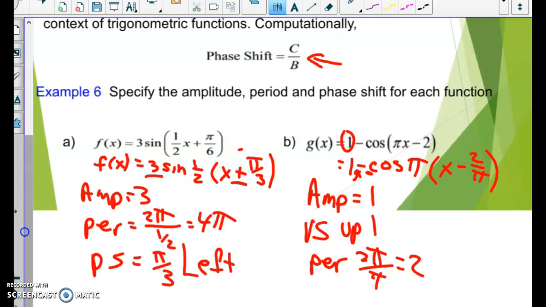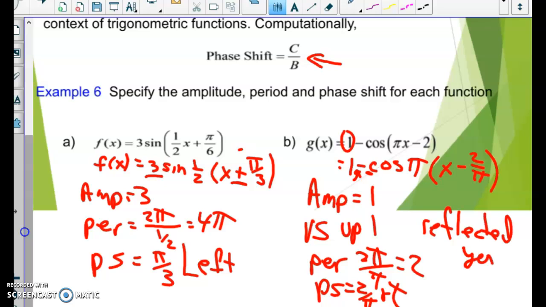And I have a phase shift, what we called it over there. Our phase shift is going to be 2 over pi to the right. And we are reflected. I'm going to write that here too. Because of the negative right there, I know that I'm reflected.